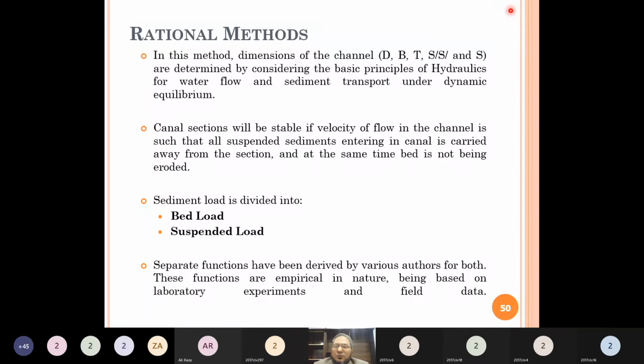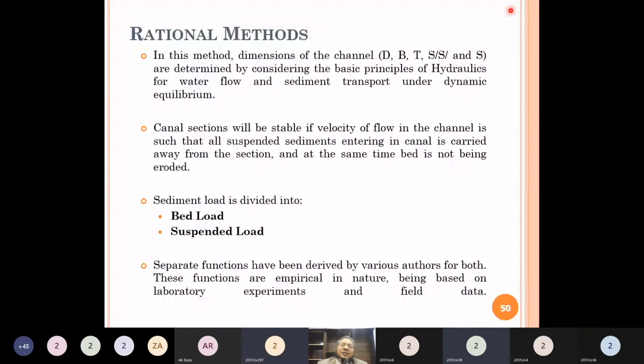Do you know what is free board? Yes, sir. What is that? Sir, it is a space which we usually leave above the pond level, in case there is a fluctuation in the flow, so that it can be compensated in the stream.